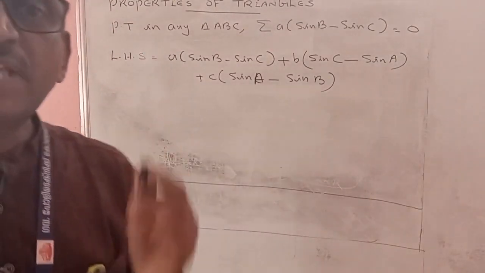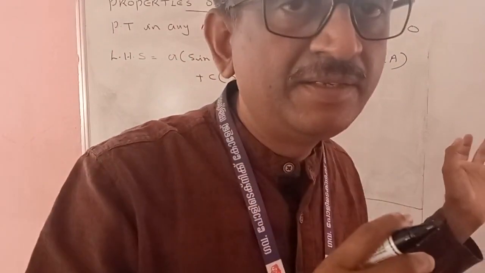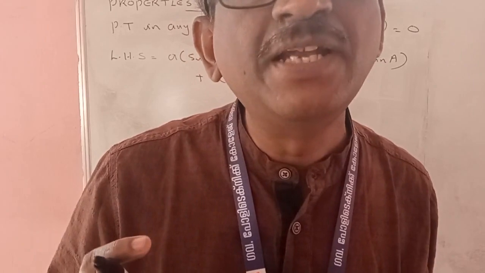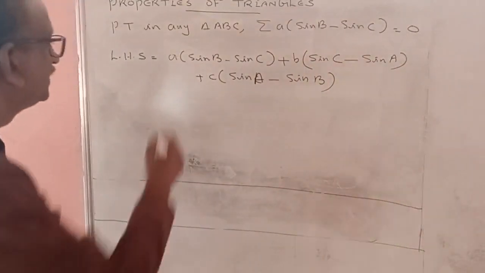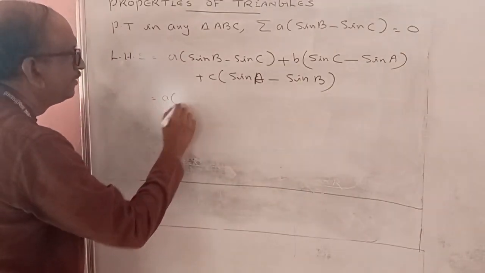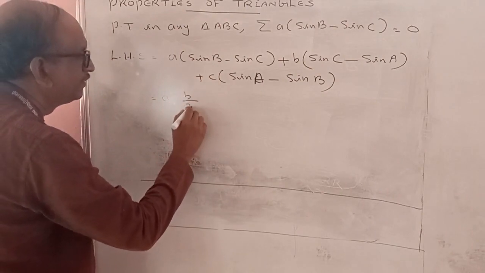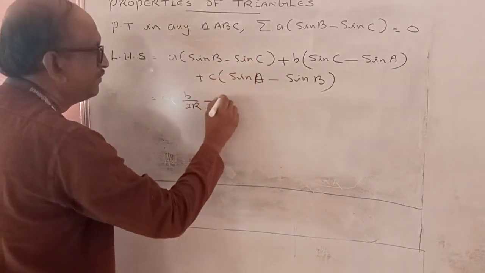Then what is the value of sine B? We already studied the result. Sine B is equal to b by 2R.